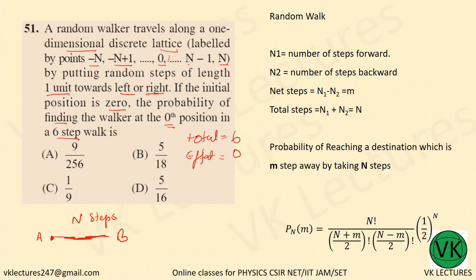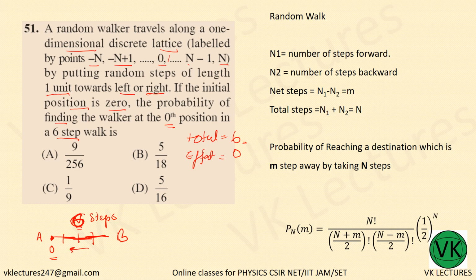So the initial position is 0, let me call it A as 0. After taking 6 steps, the walker is at the 0th position, which means if he has taken 3 steps forward, he should take 3 steps back.